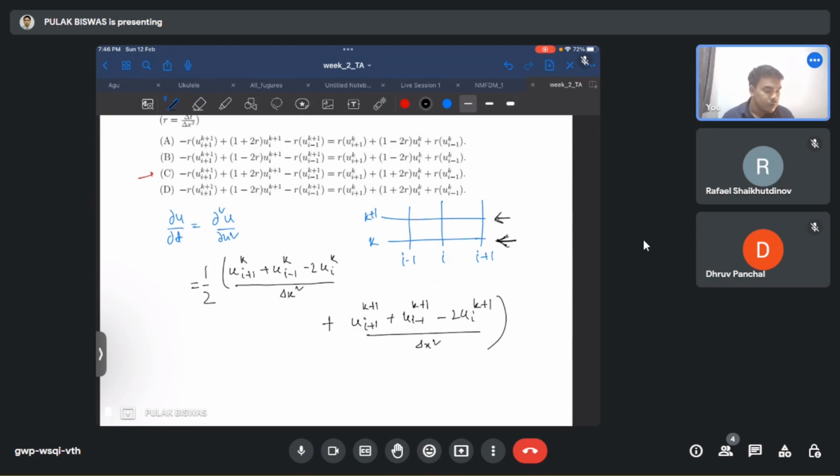So you can think of it like I am calculating at this point, where I am using the average of the computed values here and here.